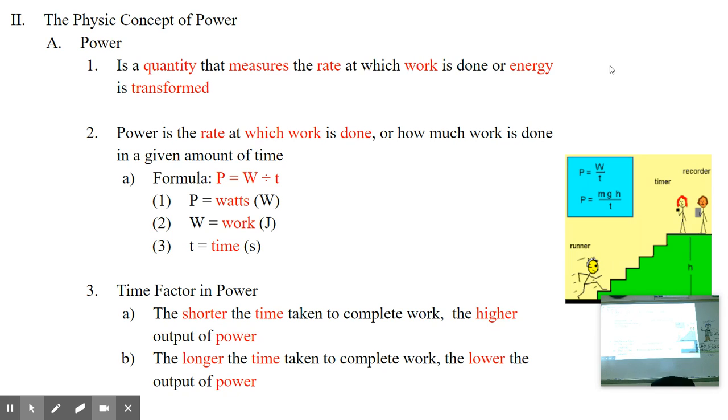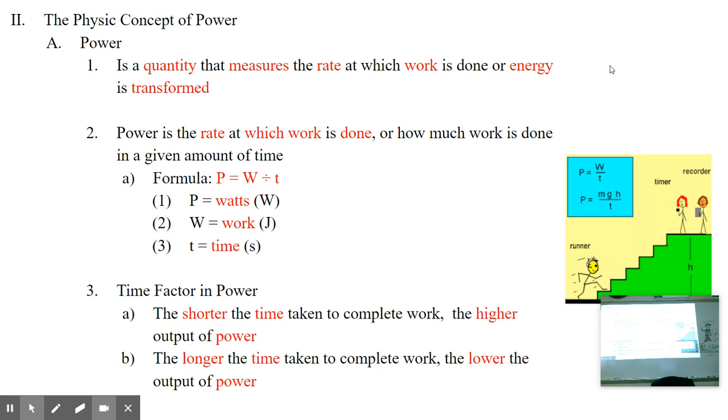The prime example is going upstairs. In terms of work, if you walk up a flight of stairs or if you run up a flight of stairs, doesn't matter. The same amount of work is being done.